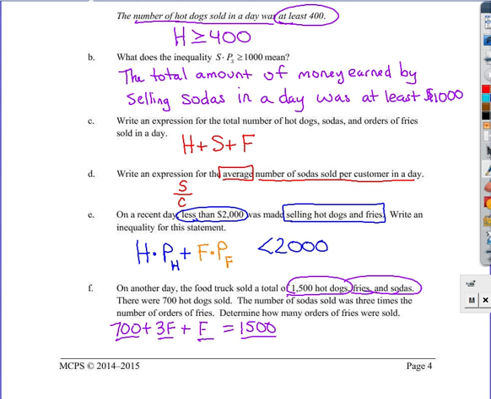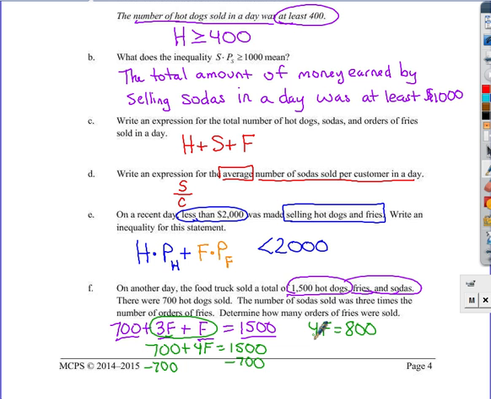So we're going to solve this equation. First we're going to combine like terms. So we have 700 plus 4f equals 1,500. Then we're going to start solving it by subtracting 700 from both sides. So we have 4f equals 800.